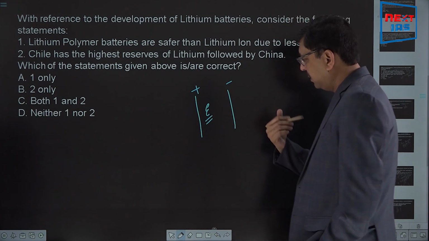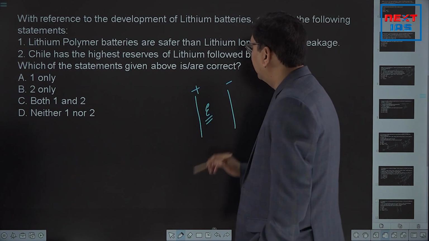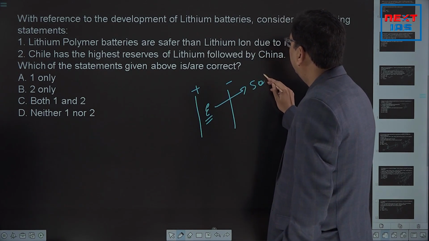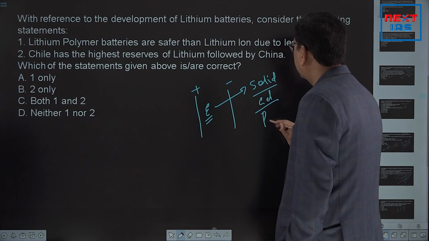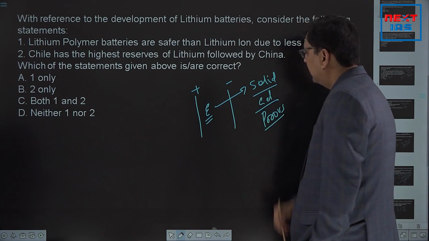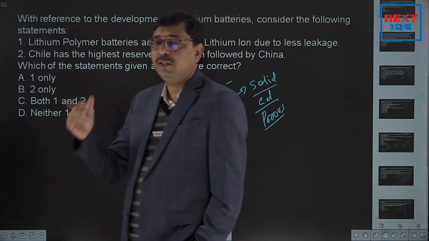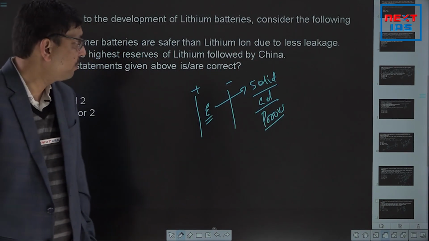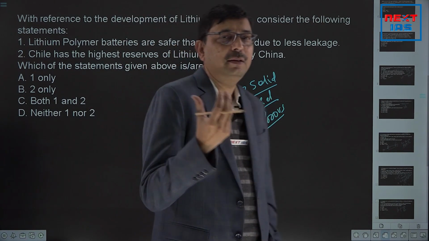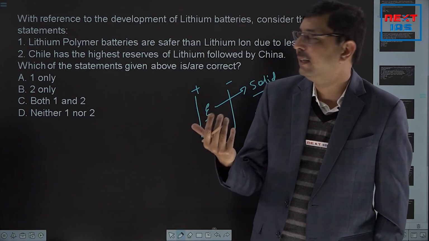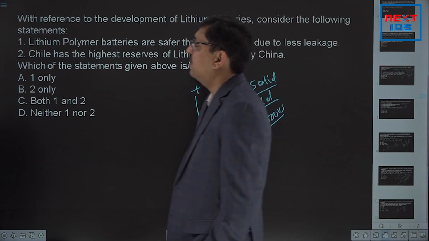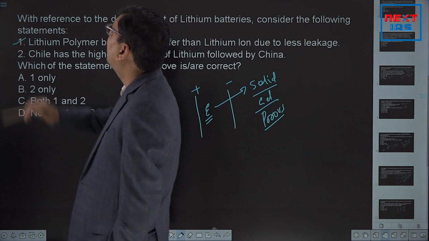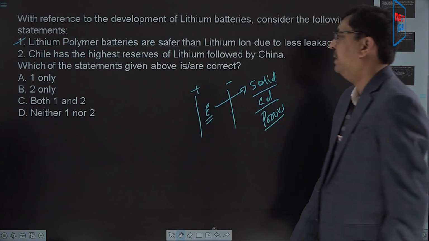In case of lithium polymer, this electrolyte could be solid, could be gel, and could be porous, whereas in case of lithium ion, this is not the case. So lithium polymer batteries are light, compact, and have less leakage. So first statement is correct.